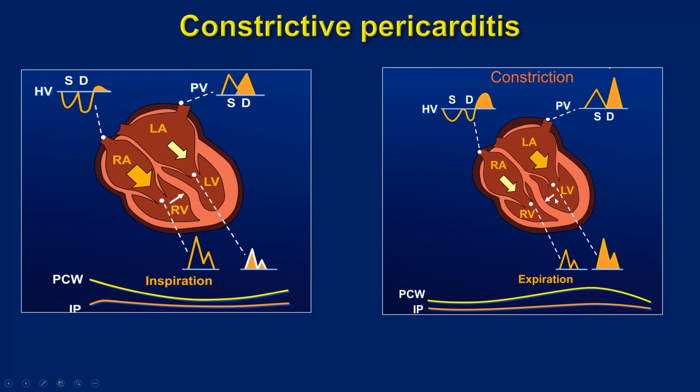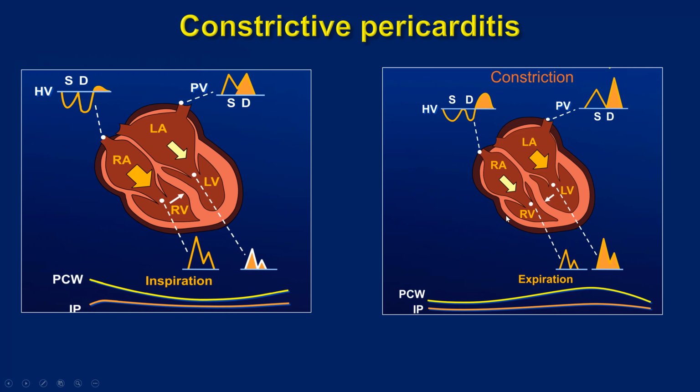So when the septum pushes the blood from the RV to the RA, to the IVC and hepatic vein, this is the time we have reversal flow during expiration, and this is the reason. The septum will push the blood from the RV to RA, hepatic vein and IVC.